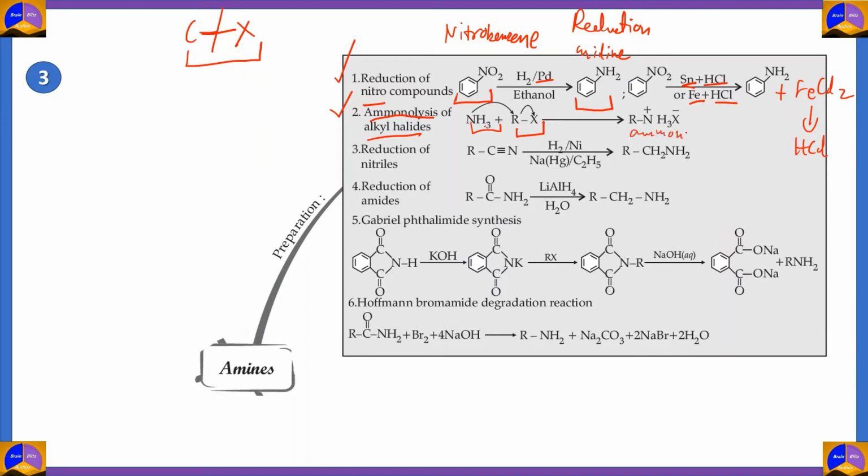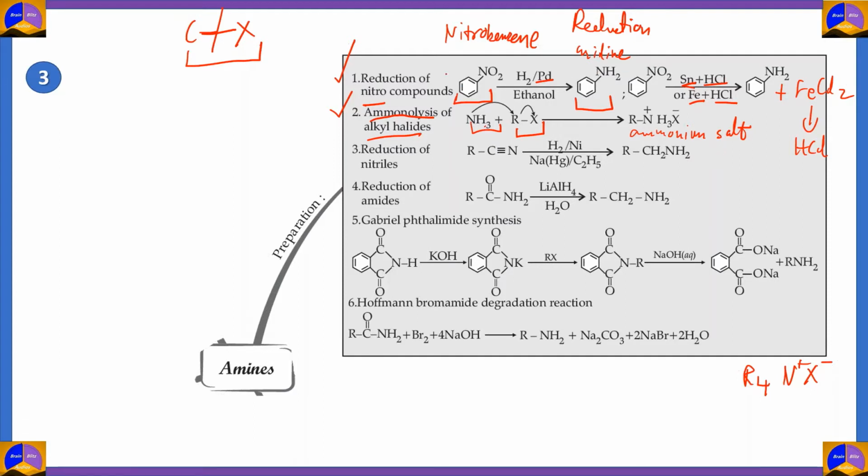So this is an ammonium salt. Through this reaction, we can form primary amines, secondary amines, and tertiary amines, or we can form a quaternary ammonium salt. That is represented as R4N+ X-. So the disadvantage of this reaction is that it yields a mixture of all these 4 products.